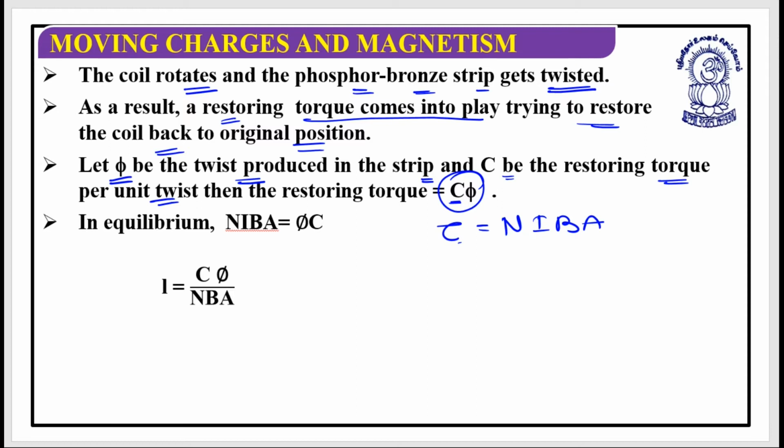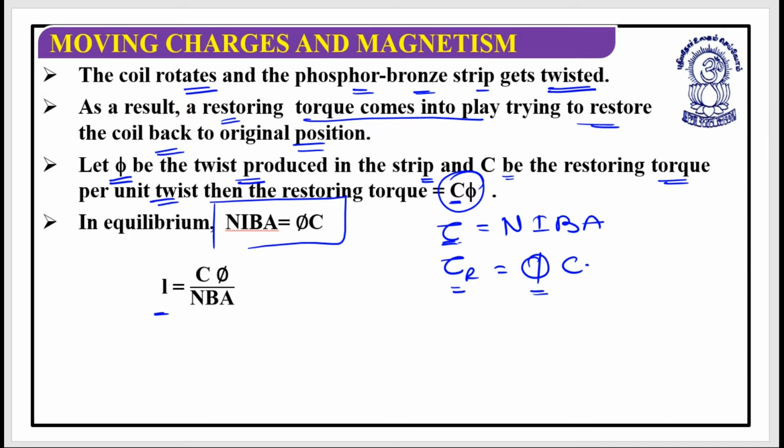Now because my strip gets twisted, it has a restoring torque, which is equal to phi into C, where phi is the angle of twist produced in the strip, and C is the torsional constant. For equilibrium, these two must be equal. NIBA equals phi into C, and from this the current can be calculated as C into phi divided by NBA.